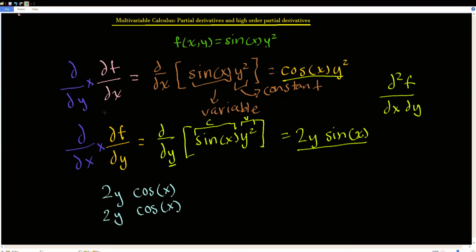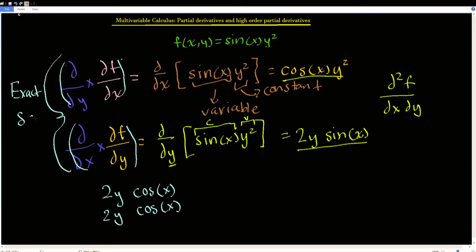That shows you that these two expressions, this one and this one, are the exact same. And so both of these are equal.